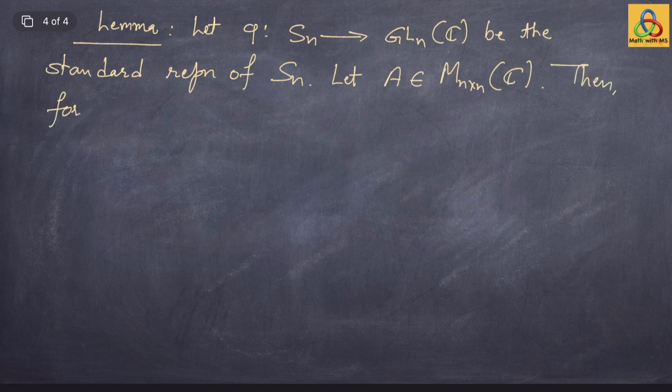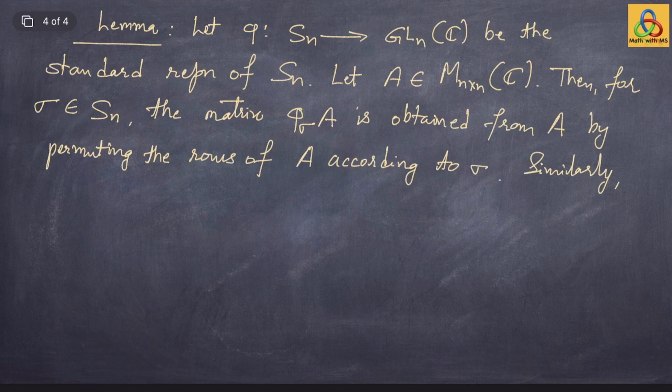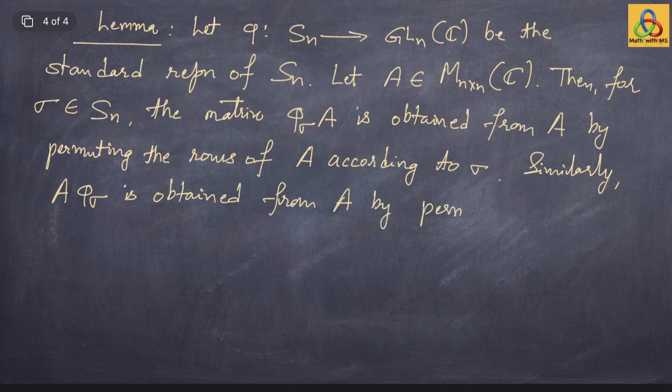Then for sigma belonging to the symmetric group S_n, the product matrix phi sigma times A is obtained from A by permuting the rows of A according to sigma. Similarly, A times phi sigma is obtained from A by permuting the columns of A according to sigma inverse.